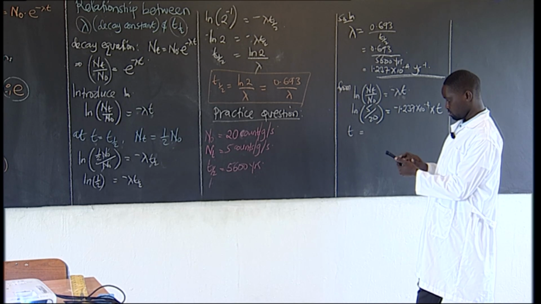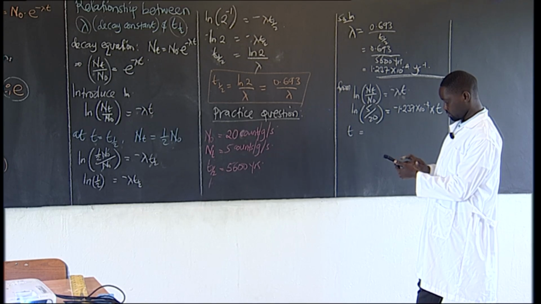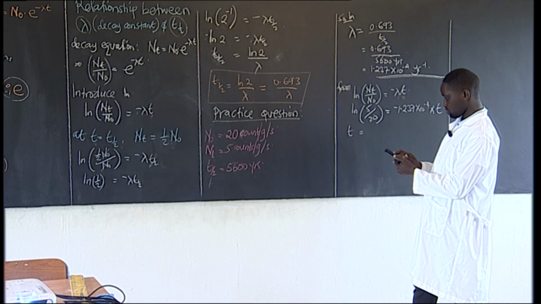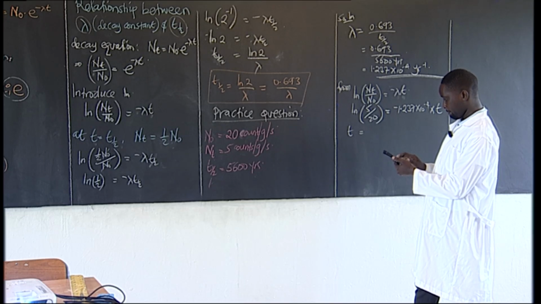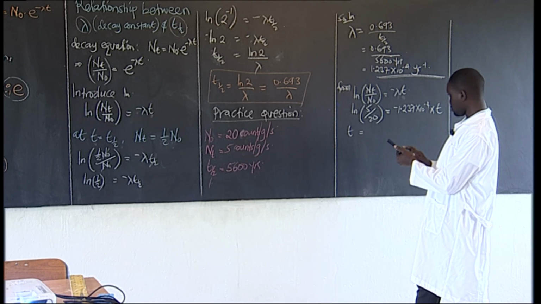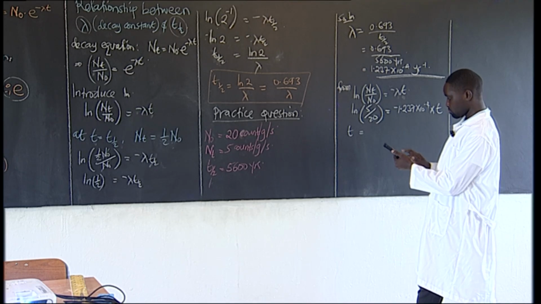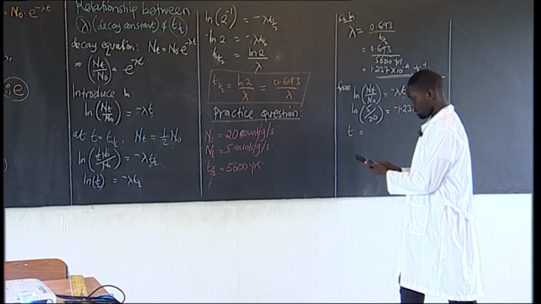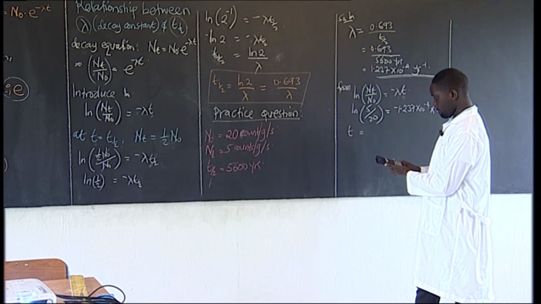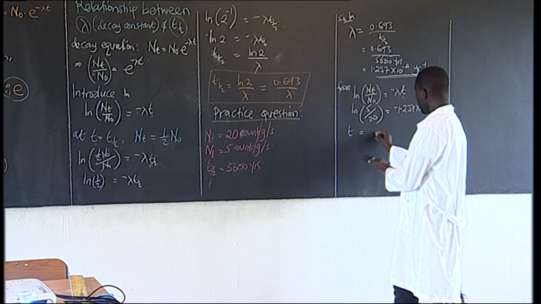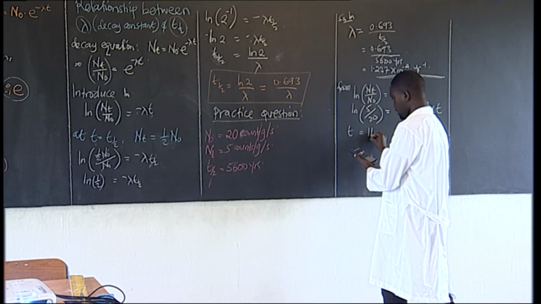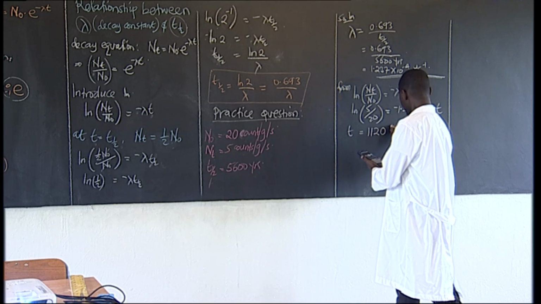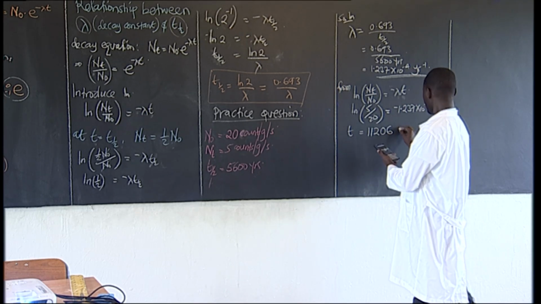Okay, ln of 5 divided by 20, over negative 1.237 × 10^-4. So I'm getting time as 11206 years.